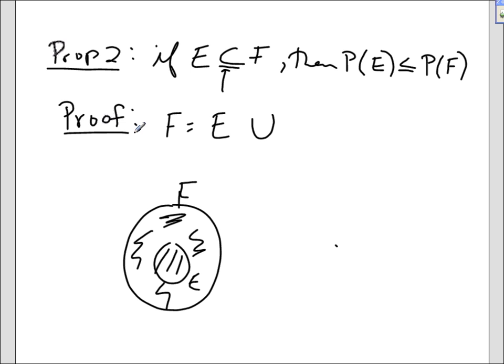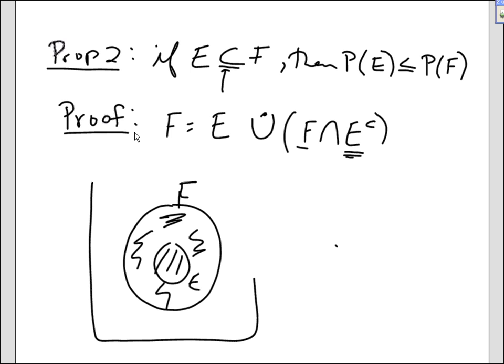Well, it's in F, and it's not in E. We have that. And they're mutually exclusive, because to be in F and E complement, you have to be in E complement. You may not be everything in E complement, but you have to be in E complement.